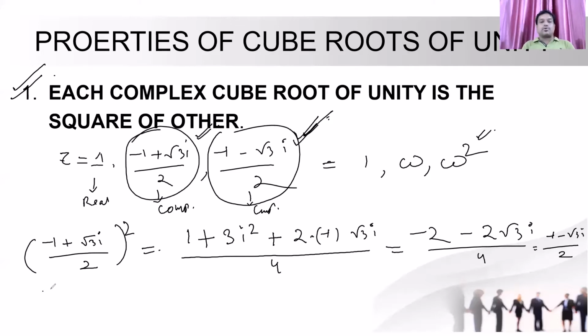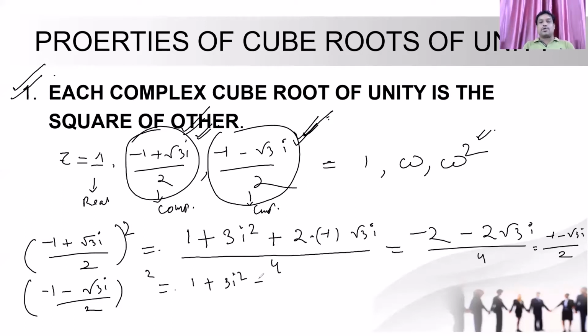And if I square that one, minus 1 minus root 3i by 2 whole square, definitely you will get the second cube root of unity. So square it: 1 plus a square plus b square, 3i square, plus 2ab, plus 2 root 3i, divided by 2 square which is 4, equals 1 minus 3 because i square is minus 1.